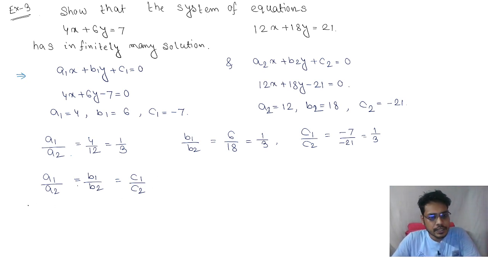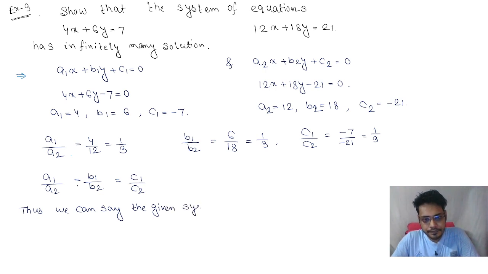And we know if this happens, that means the system of equations has infinitely many solutions, because this is the condition for infinitely many solutions. That means the given system of equations has infinitely many solutions.